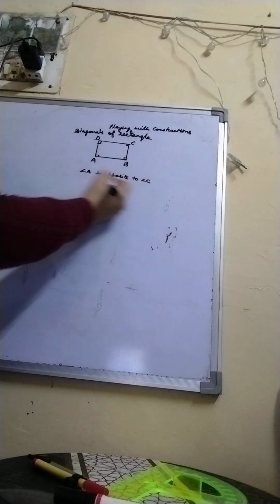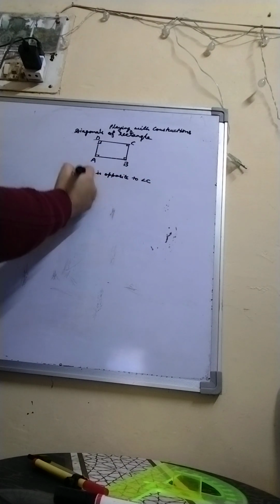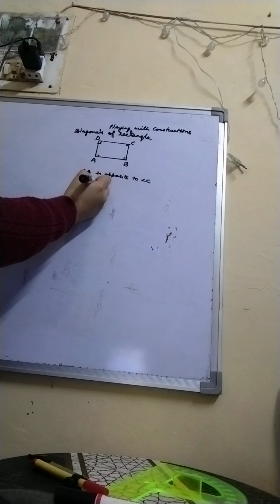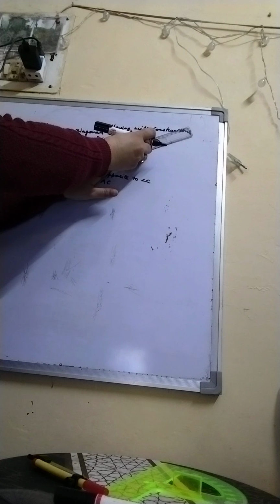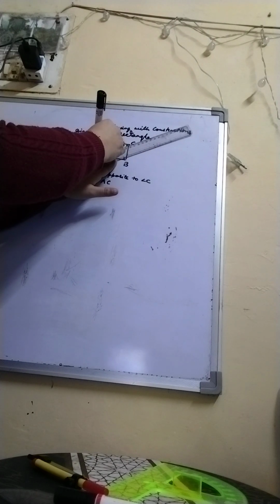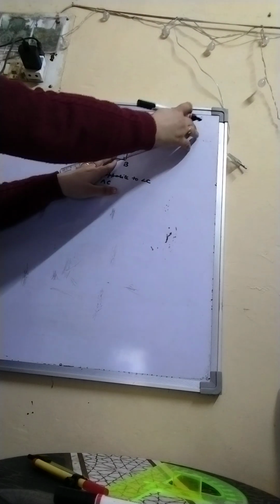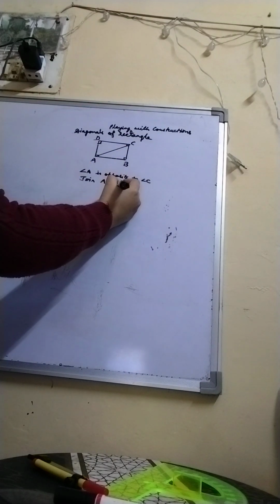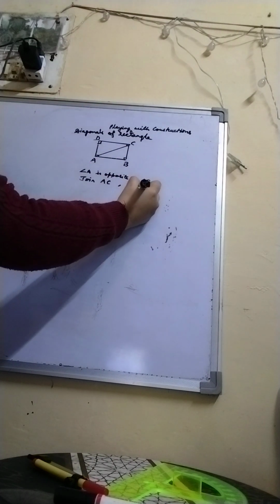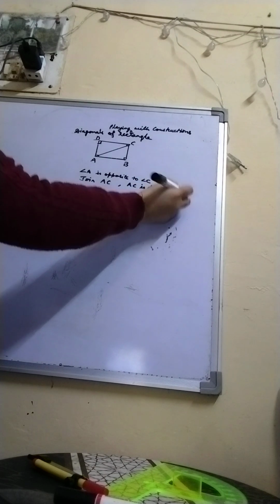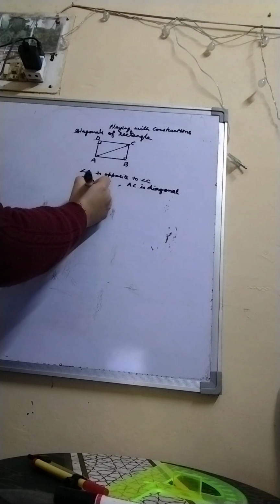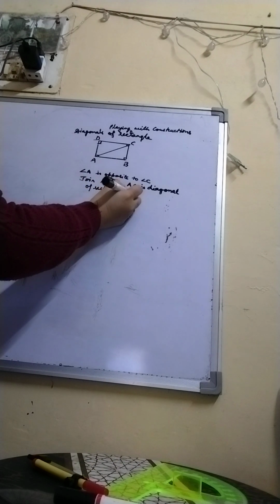So angle A is opposite to angle C, and if you join AC like this, then AC is a diagonal of rectangle ABCD. One of the diagonals of the rectangle ABCD.